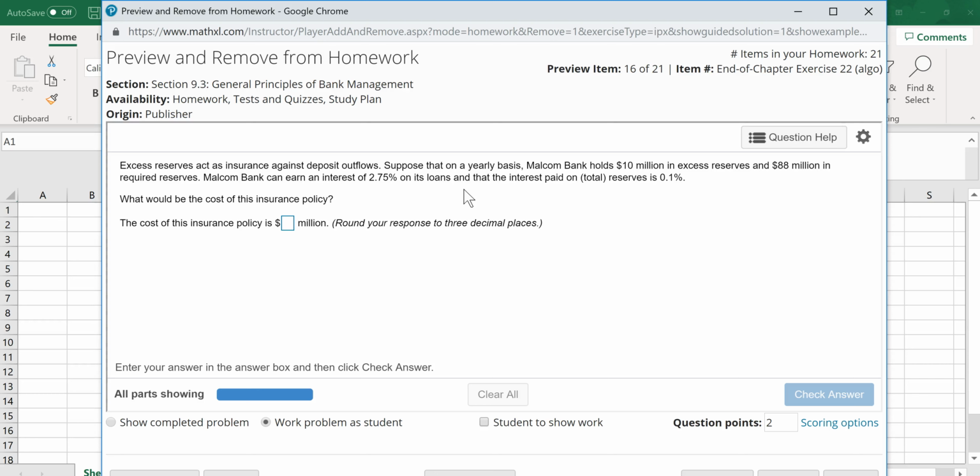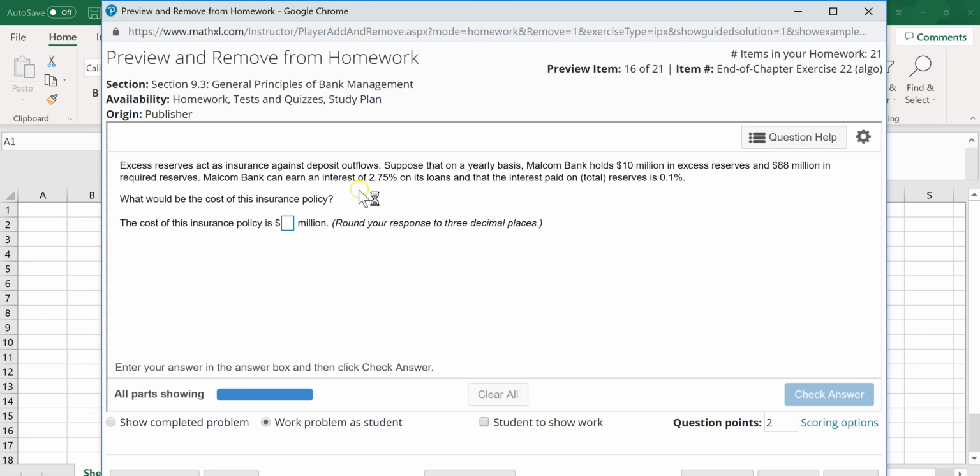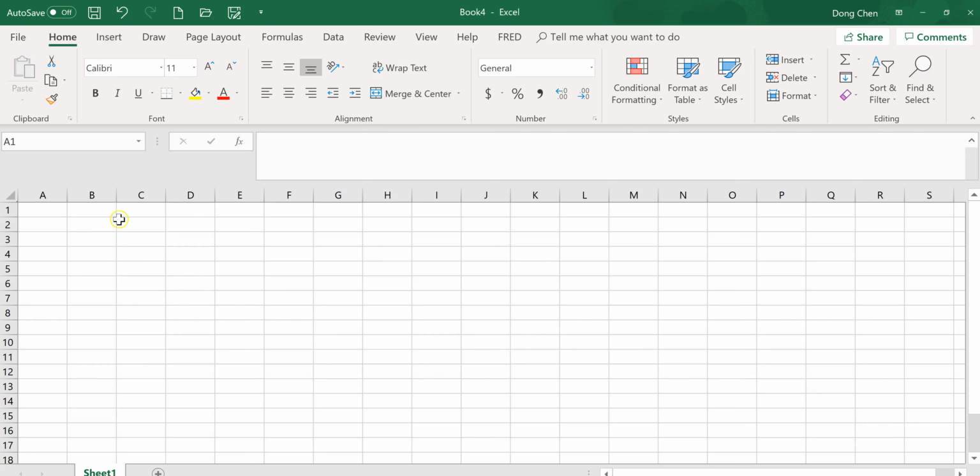So the cost of these excess reserves is basically the difference between the interest that a bank can earn if it loans the excess reserves out versus the interest that it receives on the excess reserves in the form of reserves. So with that in mind, we can solve this question without too much problem.